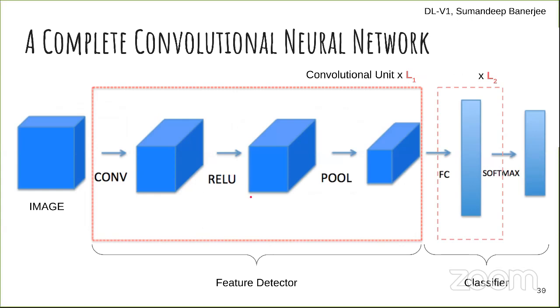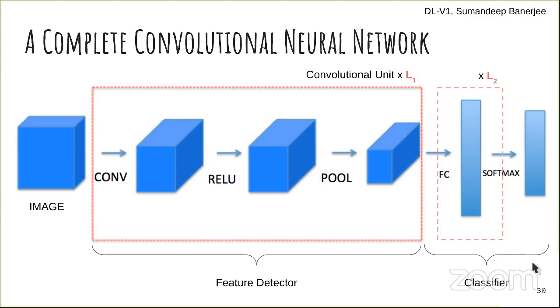Okay, so this is from what we saw from the LeNet 5 example, and you can assume this as a generic template for a complete convolution network. We have an input image, and there are L1 convolutional units. When we say convolutional unit, it involves one convolutional filter followed by some kind of activation, followed by some kind of pooling.